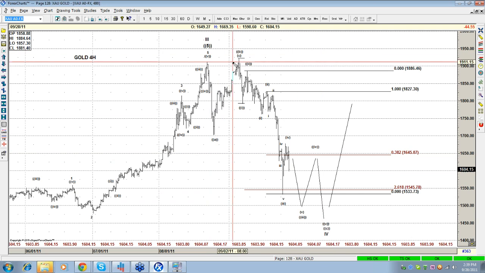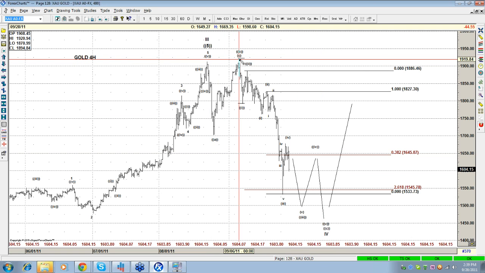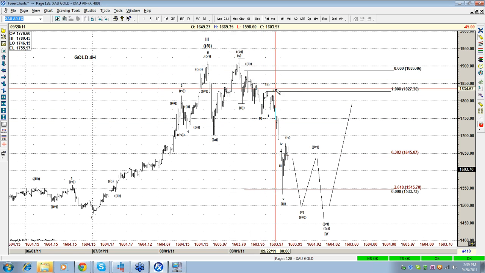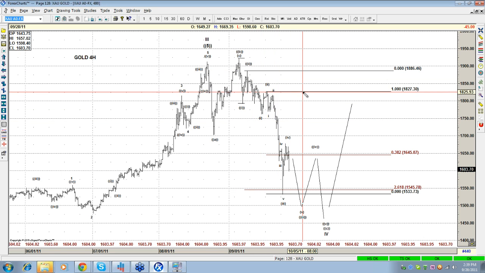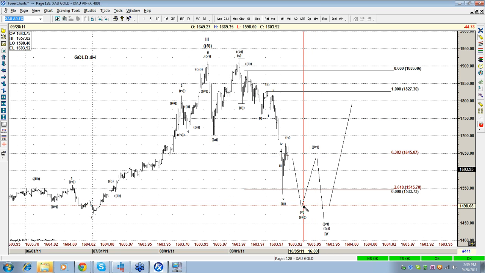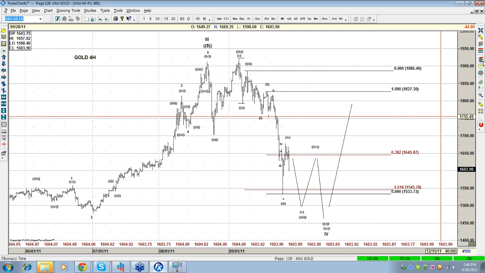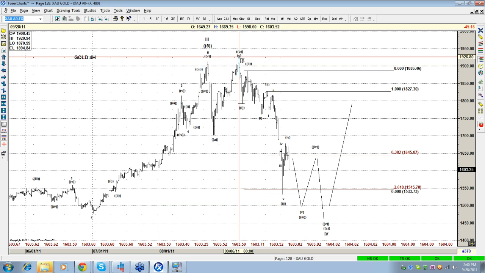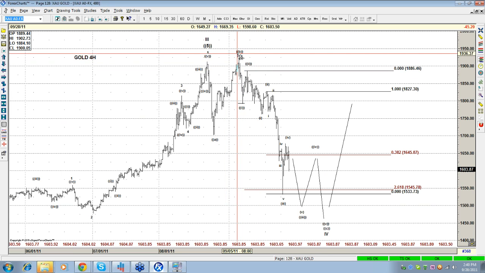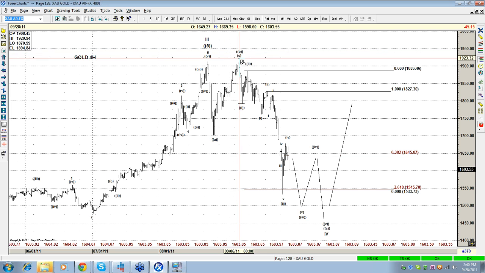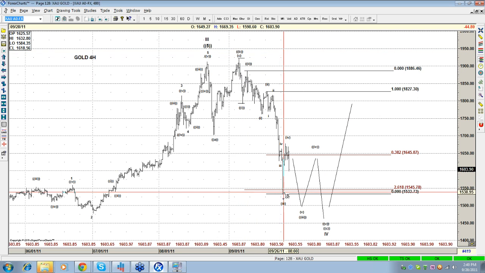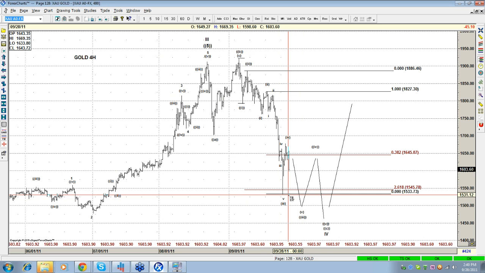Now, this move from here, I had labeled like this, but I know in Gold that at least one more low is gonna happen. You guys agree with me, right? At least one more low would take place. The reason that I say one more low is because if you take a look from here, the 2618 of this move is the low.